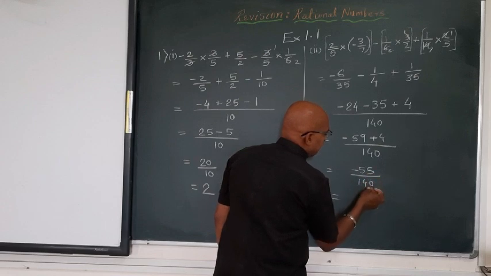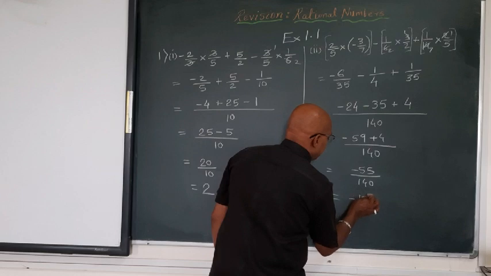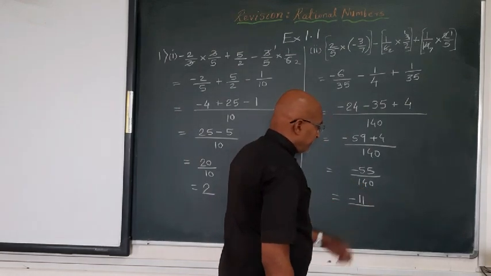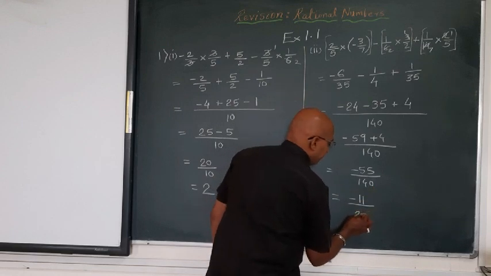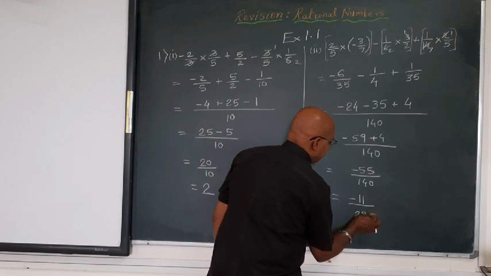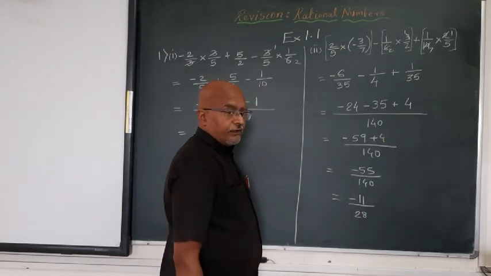We can cancel it by 5. Yes. So minus 11 upon, divide this by 5. 5 2s are 10, remains 40. 5 8s are 40. So minus 11 upon 28.